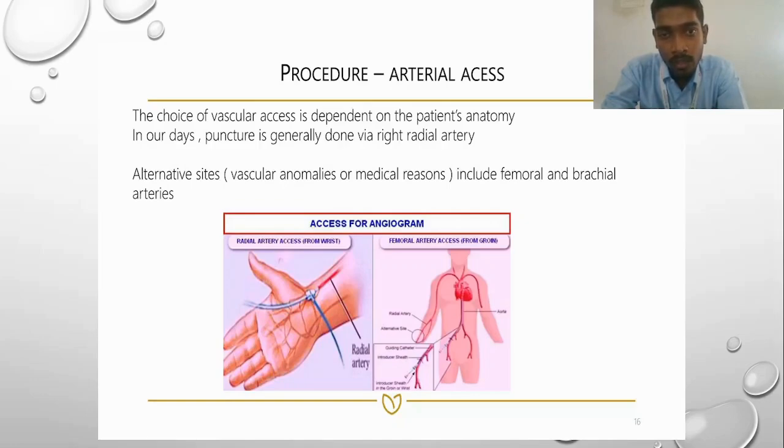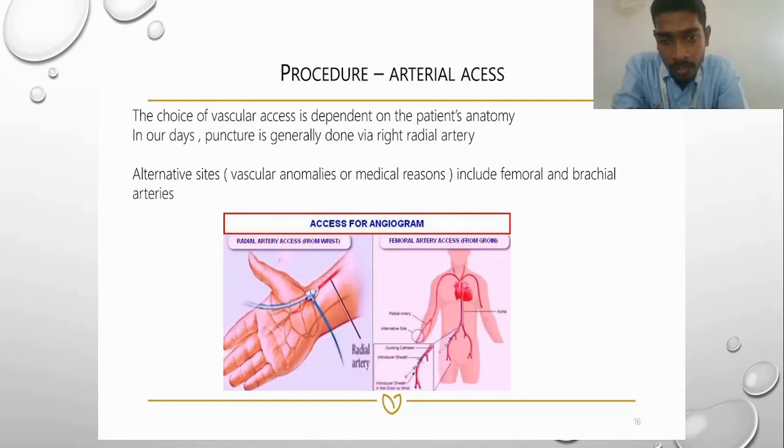Arterial access means radial access and also femoral access. We have to know how to approach the patient and what the anatomy of the patient is. So here, what we have to do is radial access. In the breast area, there is a radial access here.